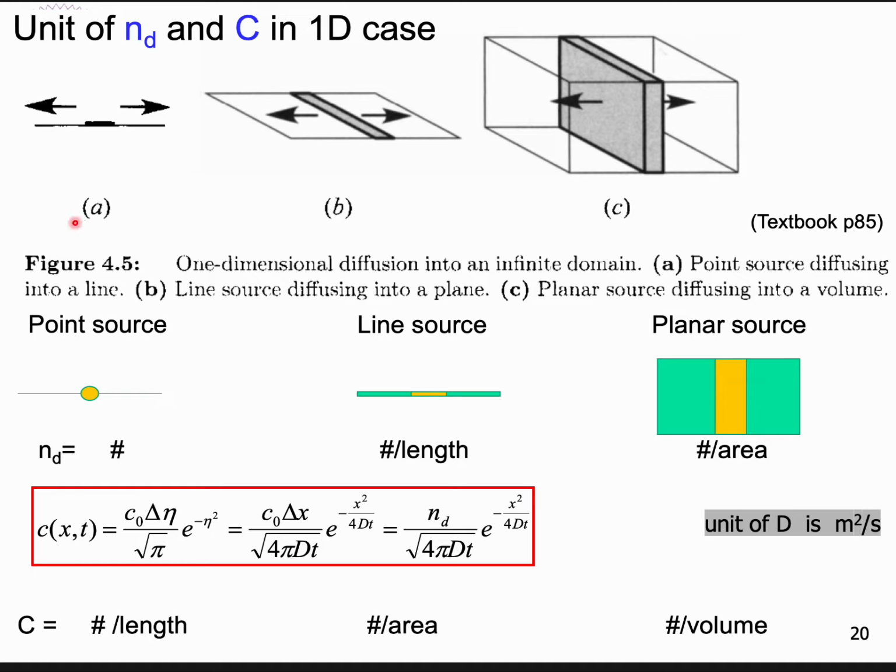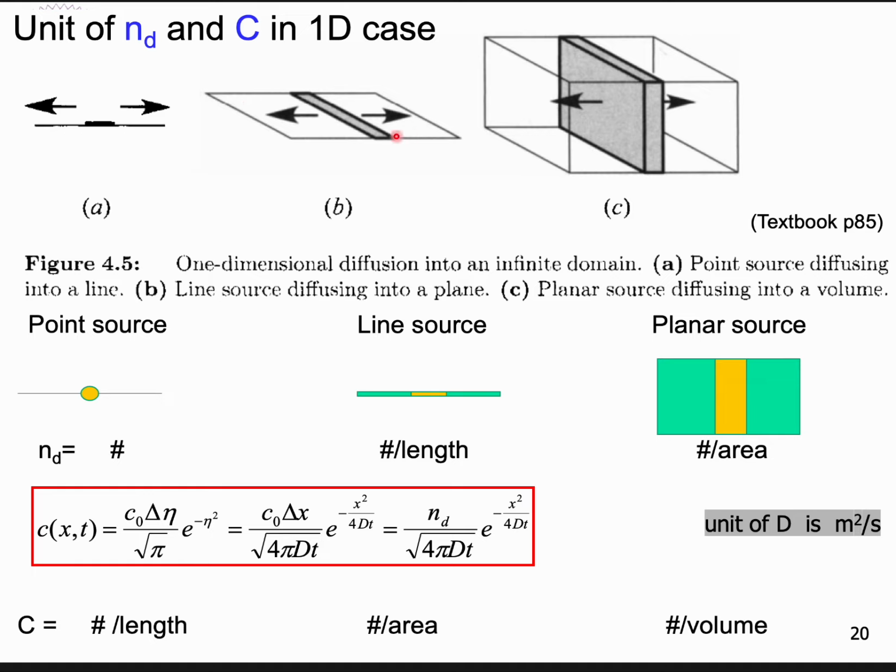But we still have two other cases that can also be considered one-dimensional diffusion. The first one is the point source deposited on a narrow wire. The point source diffuses along the narrow wire, and can move to the left-hand side or right-hand side, so it also belongs to the one-dimensional case. Or you have a line source, for example a narrow wire deposited on a planar source.